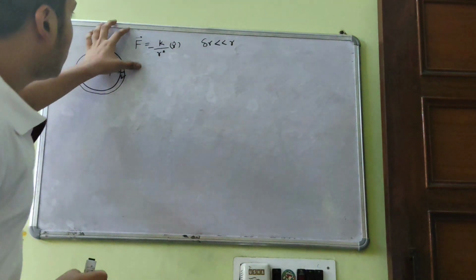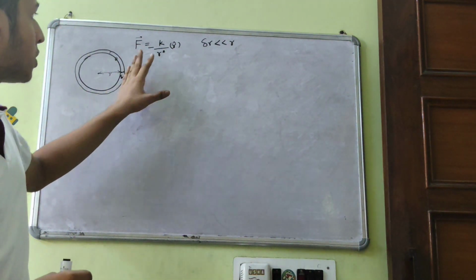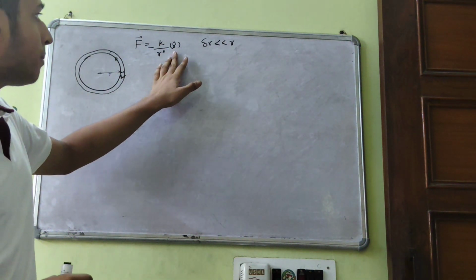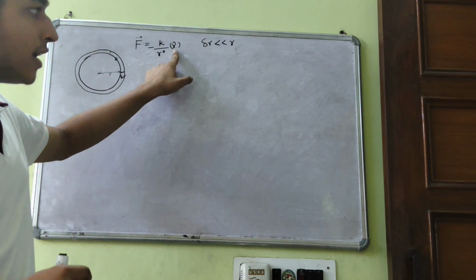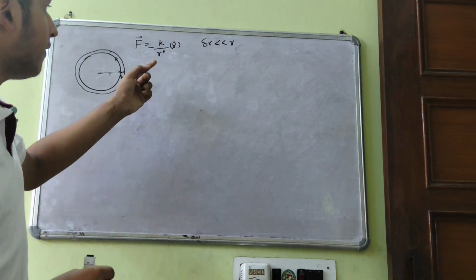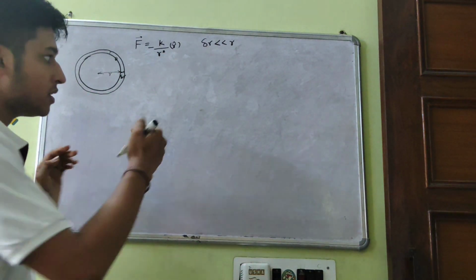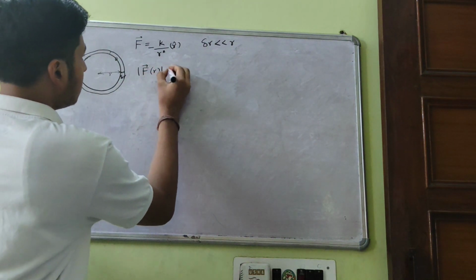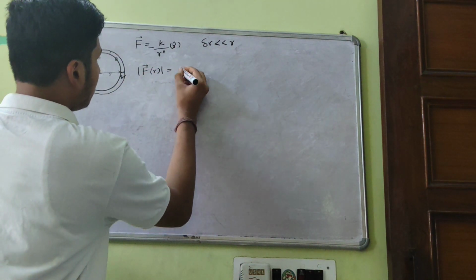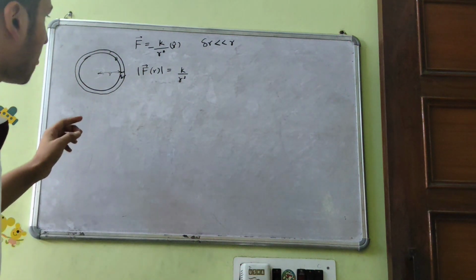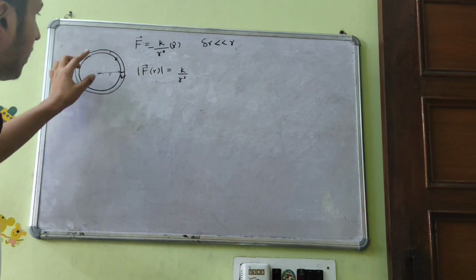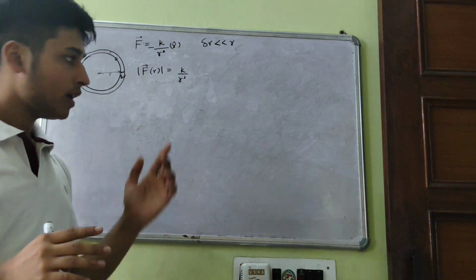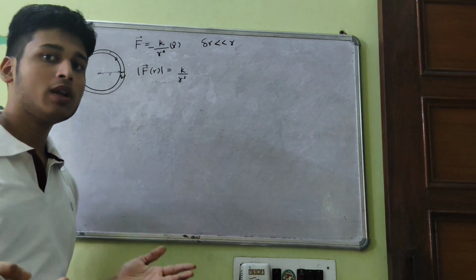So the inward force is F as a function of r, minus k by r square r cap. This is in the radial direction, minus r cap, which means radially inwards. So the magnitude of the force is k by r square inward. Now when it is moving in this radius r, it is in equilibrium.